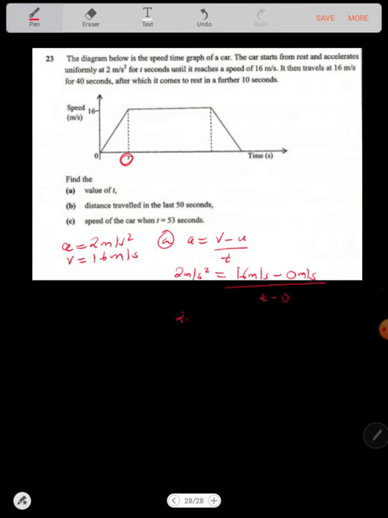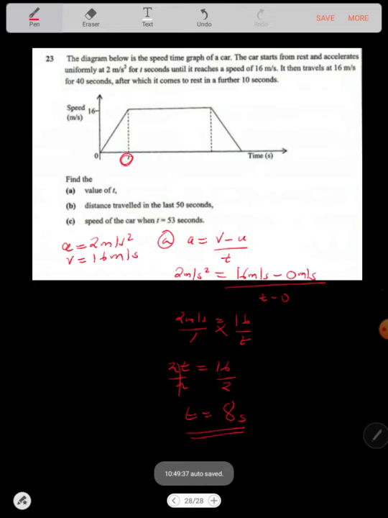So 2 is equal to 16 over t. When you cross multiply, we have 2t equal to 16. Then t is equal to 8 seconds.